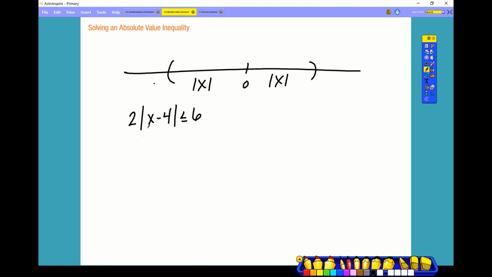to solve this. So it's going to be x minus 4 less than or equal to 6 divided by 2 is 3. So now we're going to make one negative, like this.